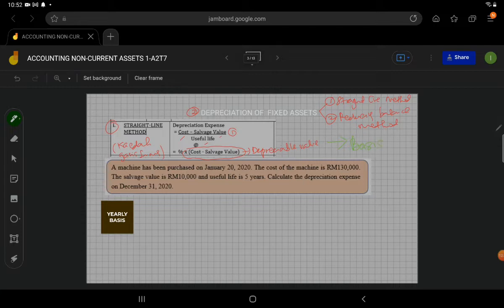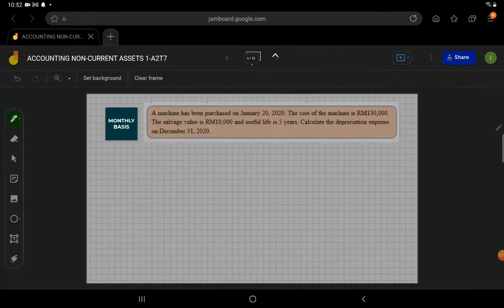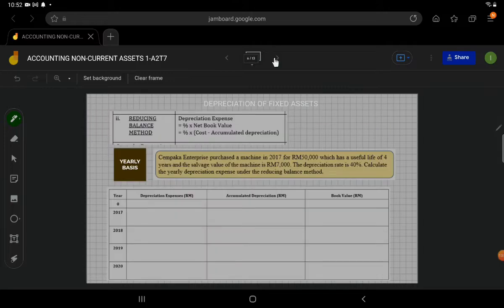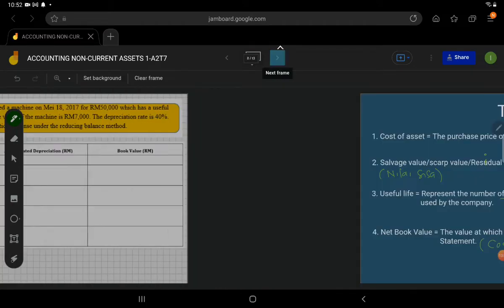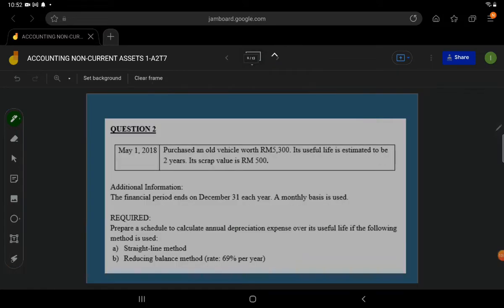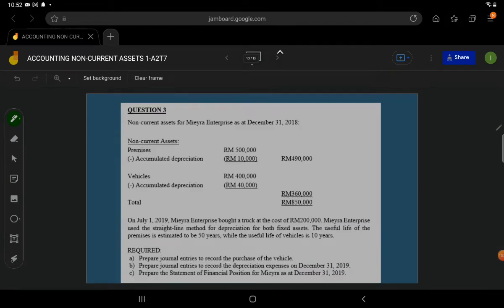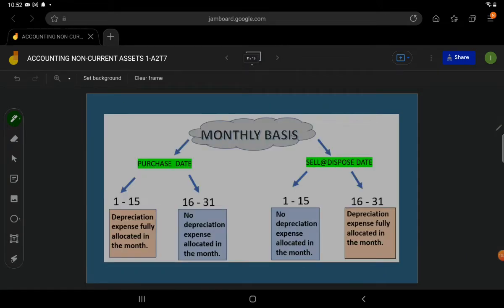Okay. The basis in depreciation kita ada dua, iaitu monthly basis and yearly basis. Right. So, itu dalam video saya dah tunjukkan yearly basis and monthly basis. So for today kita tengok lagi apakah yang dikatakan monthly basis and yearly basis.